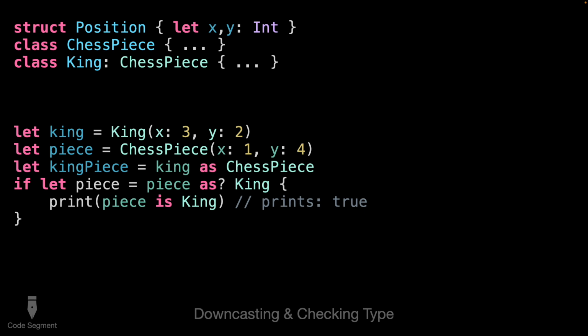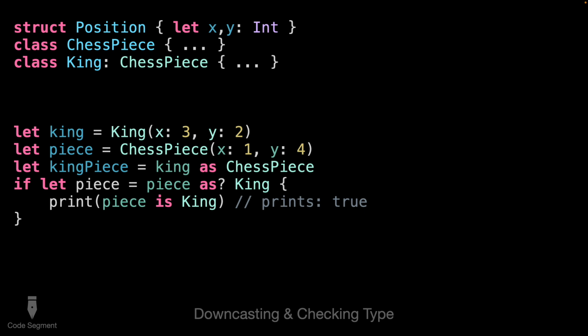You've changed its type, but that's just the type of the variable or constant, right? It's the window through which you are looking at the memory, okay? So the memory is still backed by a king type, right? So you still have your stored property there, but you no longer have access to it because you have downcast it from king back to chess piece, okay? You've gone back to a chess piece. You've devolved, if you will. Your Charizard is now a Charmeleon.